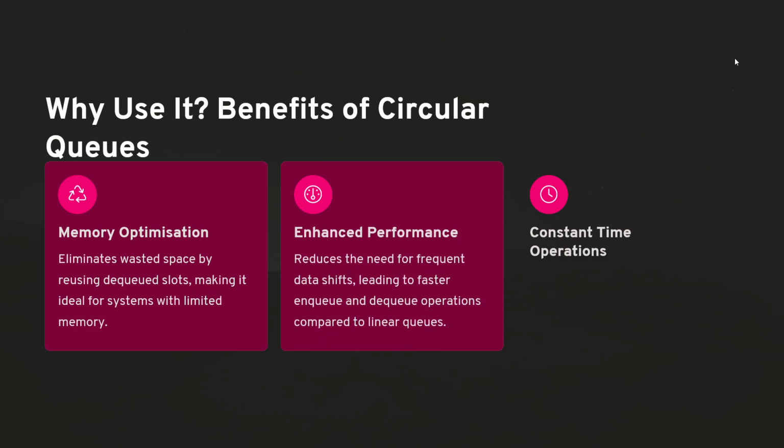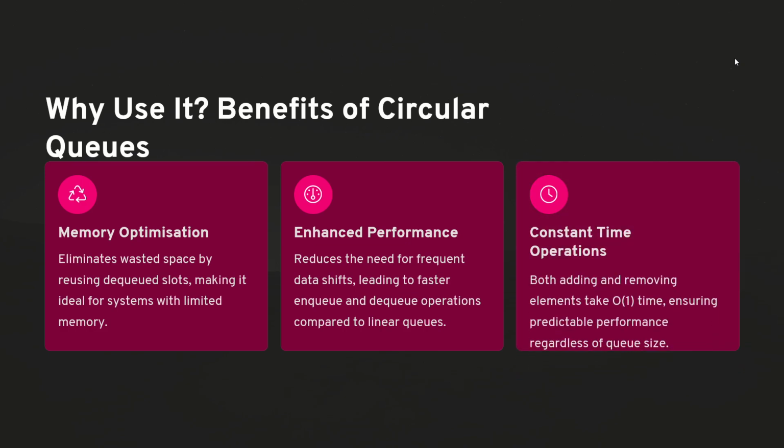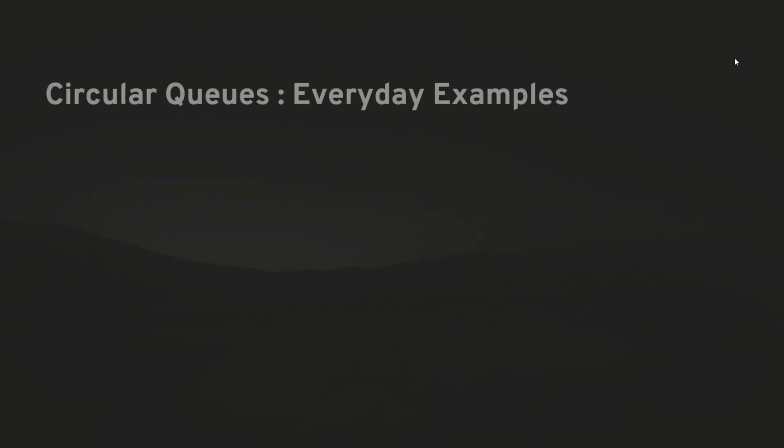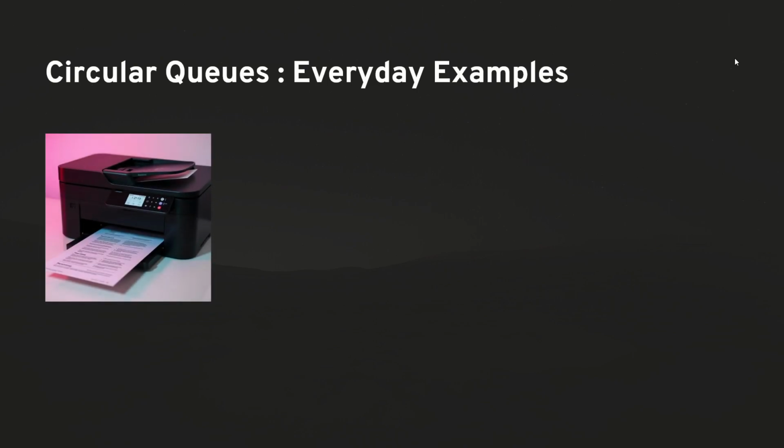It reduces the need for frequent data shifts, leading to faster enqueue and dequeue operations compared to linear queues. Constant time operations. Both adding and removing elements take O(1) time, ensuring predictable performance regardless of queue size.